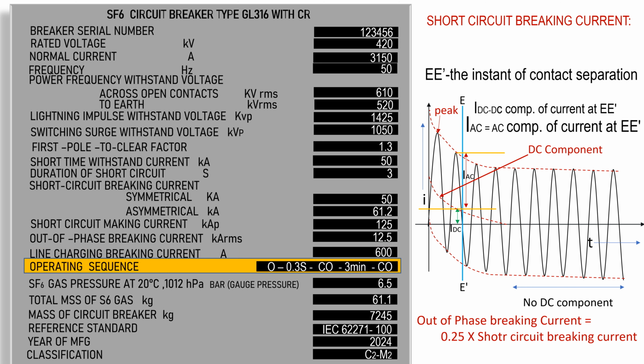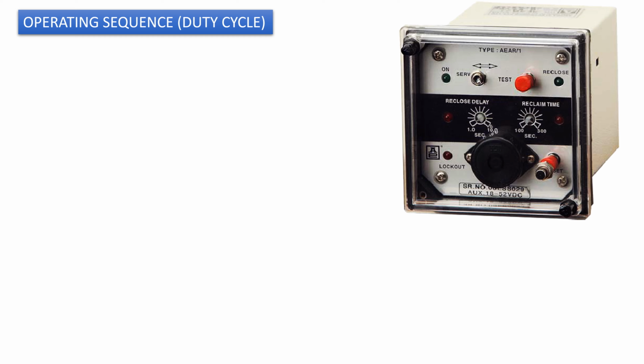Operating sequence. The operating sequence denotes the sequence of opening and closing operations of the circuit breaker under auto reclosing duty. We know an auto recloser closes the respective circuit breaker automatically after its opening due to a fault occurring in the circuit where the auto recloser is installed.